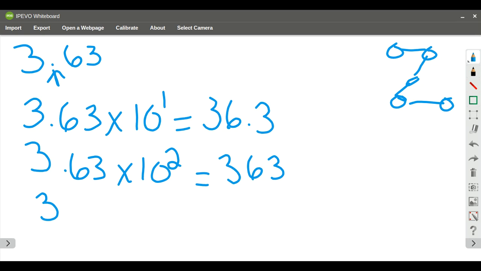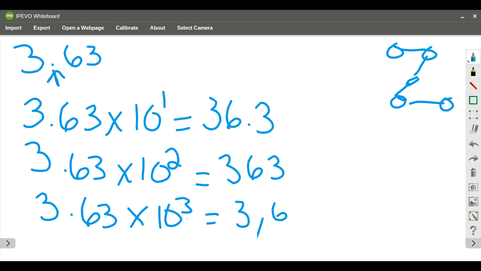And if I multiply 3 and 63/100ths by 10 to the third power, I'm going to get 3,630. So if we take a look, again, at that pattern, we can see how our decimal changed as we multiplied by a power of 10.